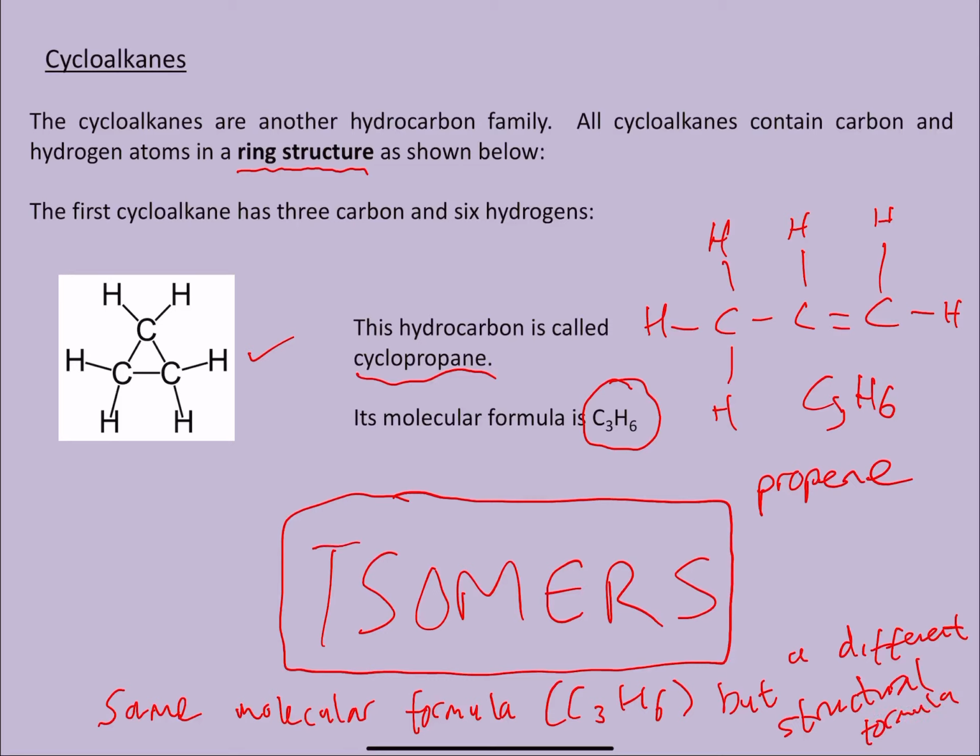So that is isomers. Propene and cyclopropane are isomers because they have the same molecular formula, C3H6, but a different structural formula. One's circular in a ring structure, the other one is the alkene with a double bond.